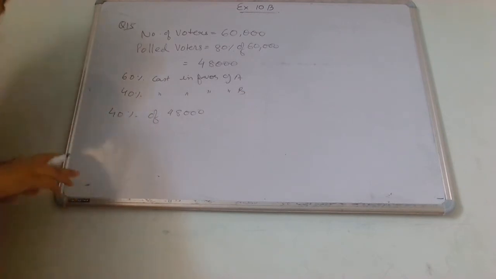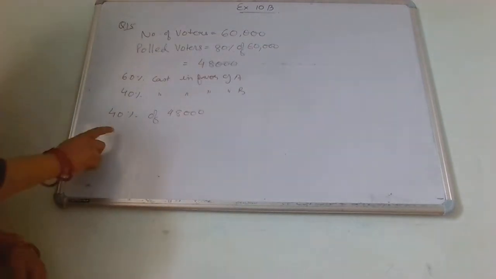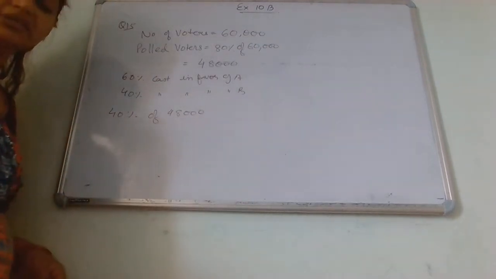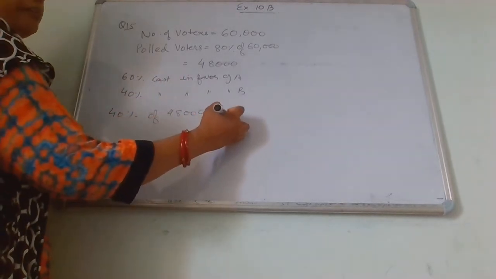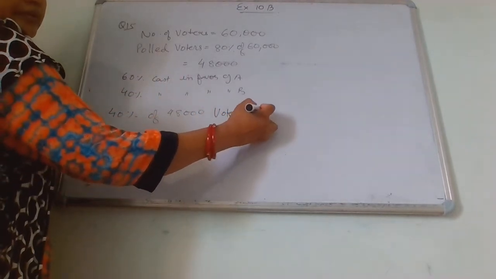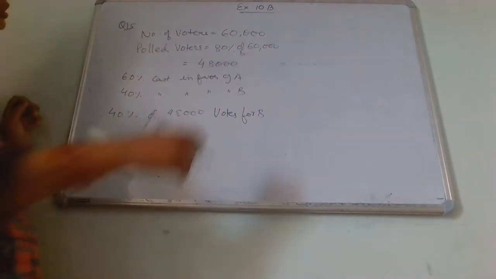Right? So this is 40% of 48,000, that is the votes for candidate B. So the question is like this.